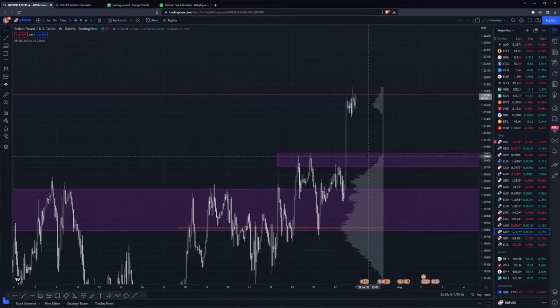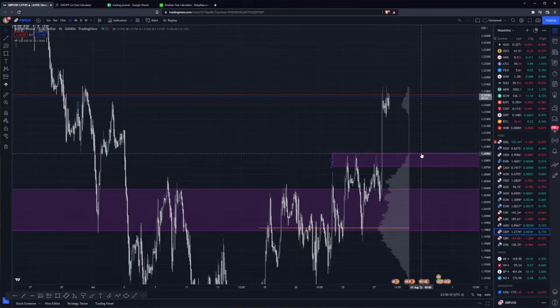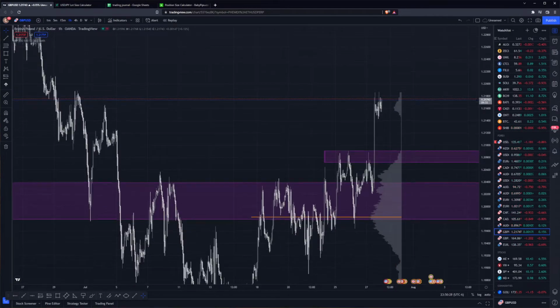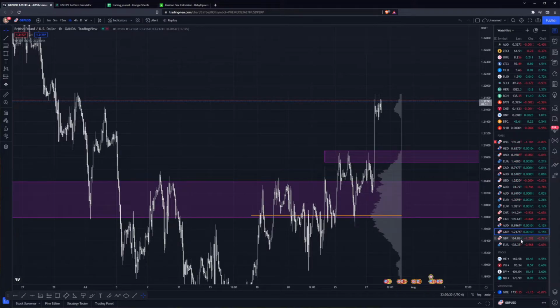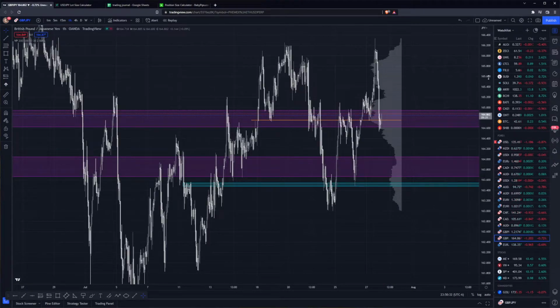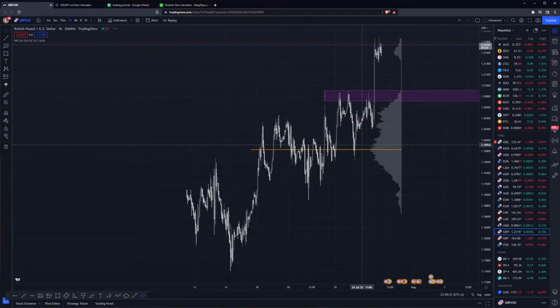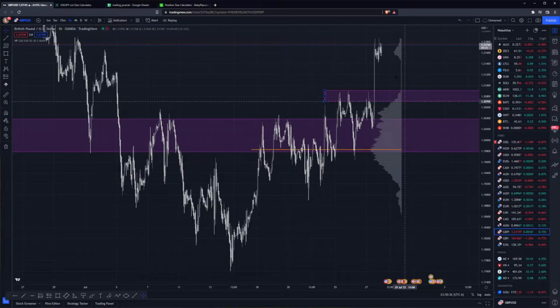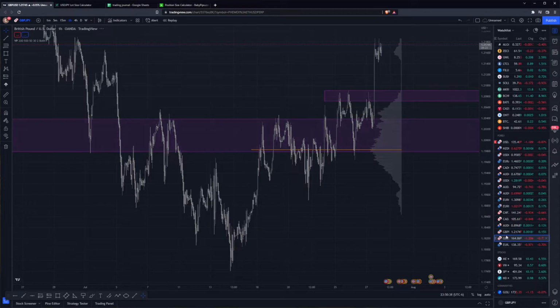You could think about along there, but it's a pretty long way to drop, and it's not fun trying to catch a falling knife like that if it's coming that far back down. So I don't think I'd look into a trade there until we see where it goes.